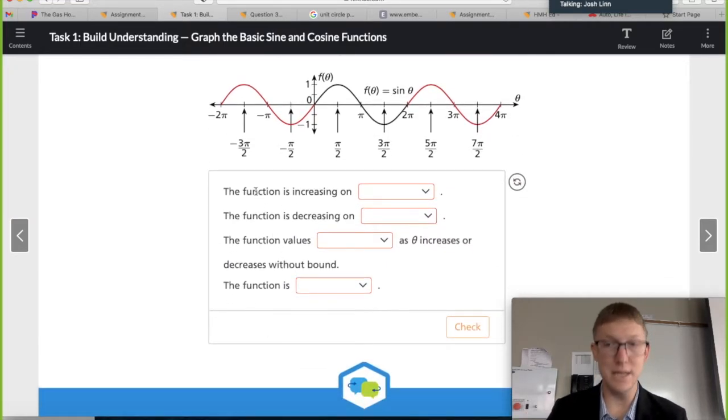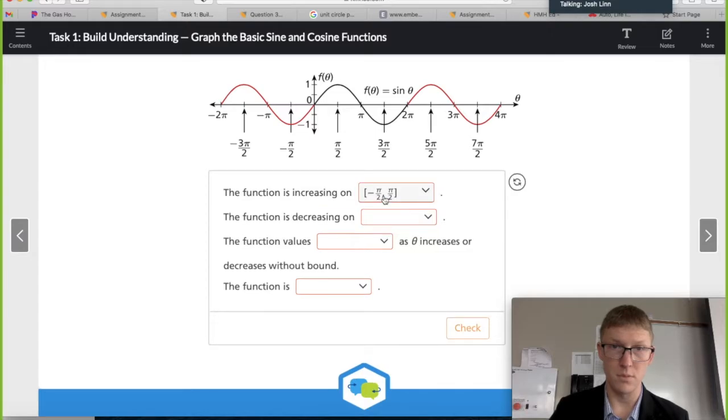So the function is increasing, not to be confused with positive, but increasing when it is going up, on -pi over 2 to pi over 2. I apologize, I said that wrong at first.